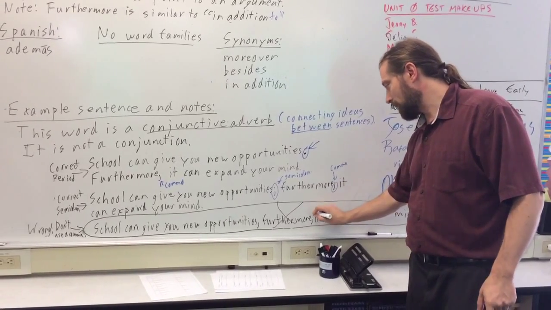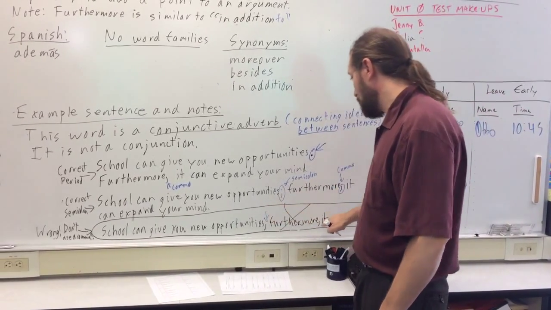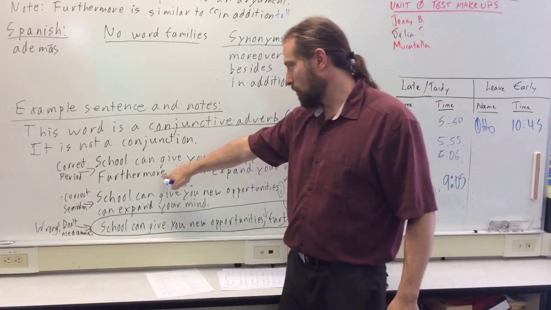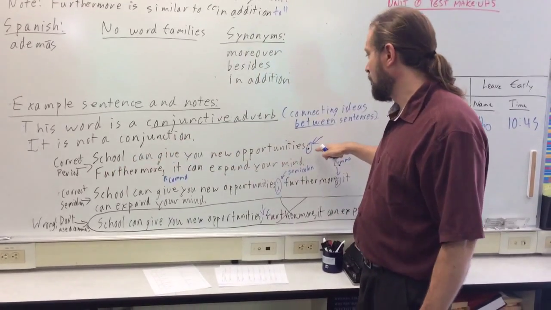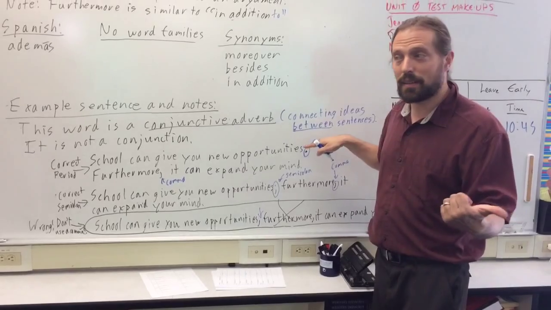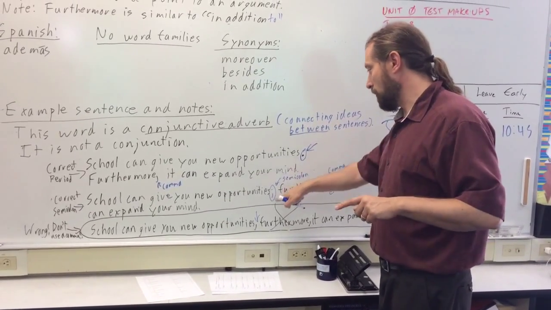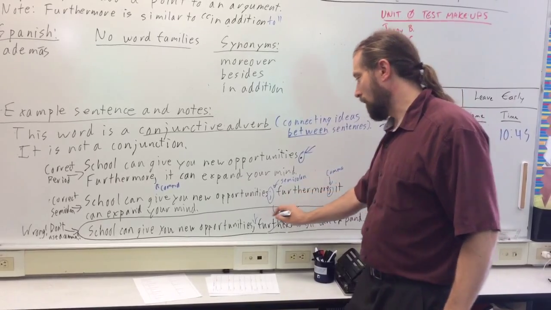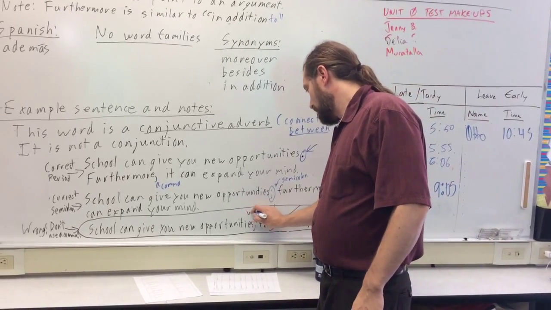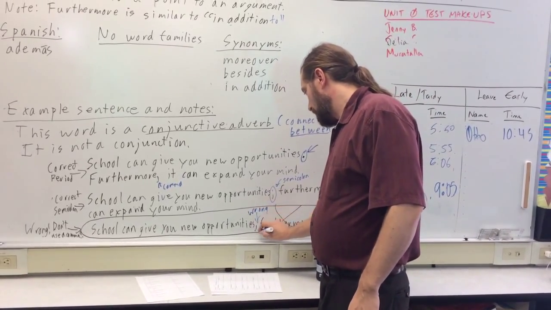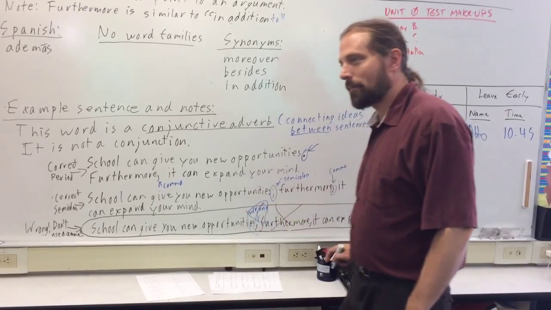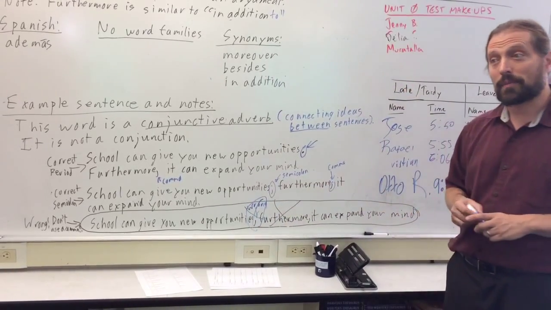Commas are incorrect here. You have a comma after the word, but before the word furthermore you can have a period or a semicolon, but not a comma. If you put a comma before that word, that's wrong. Wrong, wrong, wrong. No comma. That's the thing to remember.